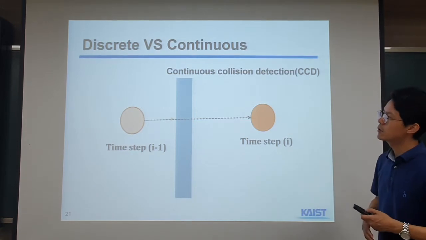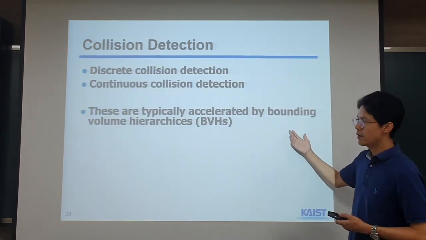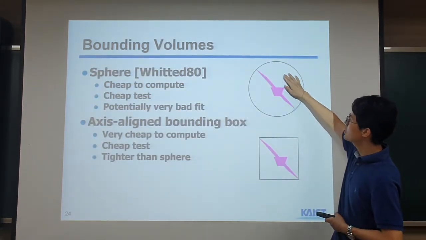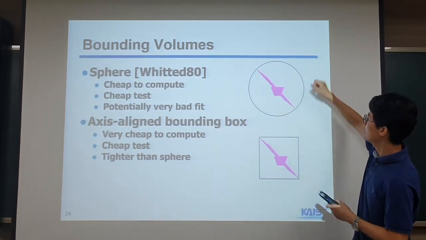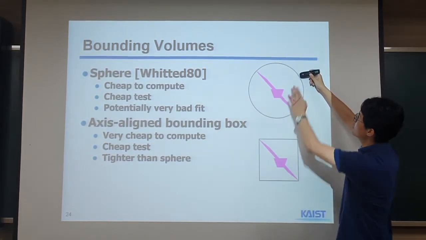So instead of that, you need some sort of hierarchical approach using bounding volume hierarchy, and we typically use a bounding volume. For example, here we have a certain object, and suppose I have another object, and I need to check whether I have collision between this object and that object.